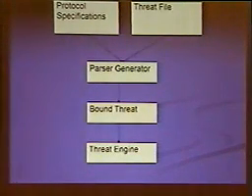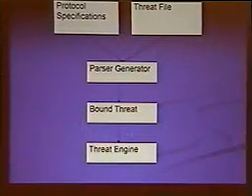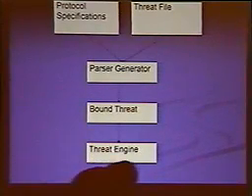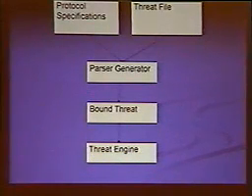Which brings us to the next part of our platform, the binding and execution of a threat. This stage runs a threat file from your repository or your database back into the parser generator, but this time we're using the appropriate protocol grammars as the output and the threat file format as the input.